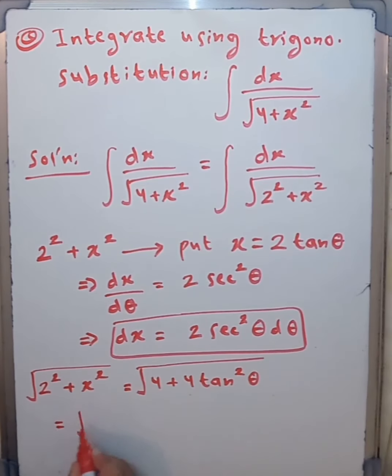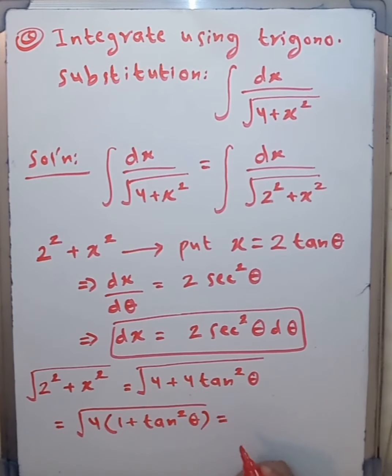This is equal to square root; inside the square root we will take 4 as the common factor, and inside the bracket we get 1 plus tan square theta, and this gives us square root of 4.